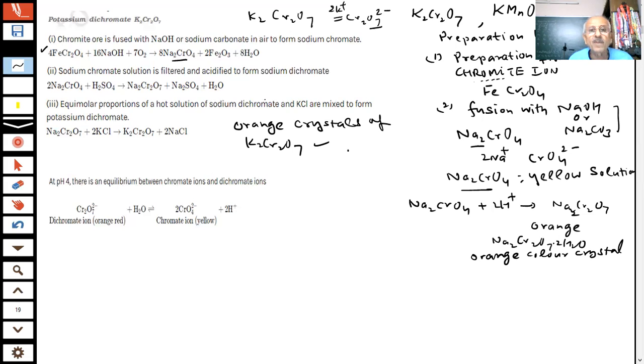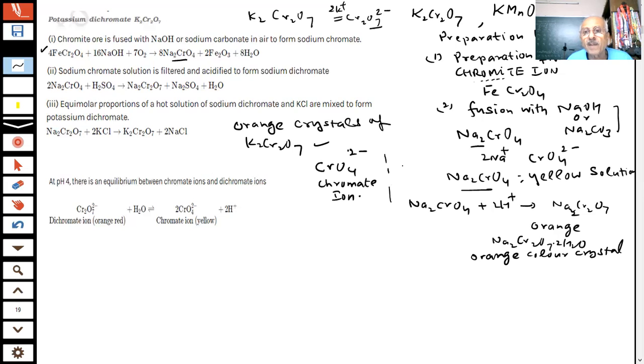The two important points to note here are that you have two ions which I am talking about. One is CrO4 2 minus, student, which is my chromate ion. This is what we are calling the chromate ion.